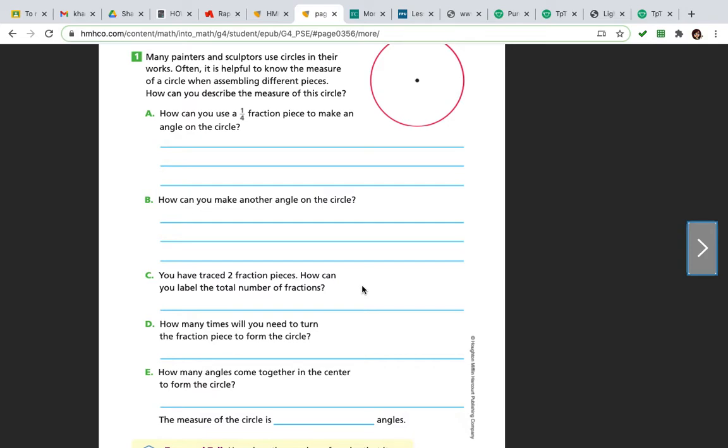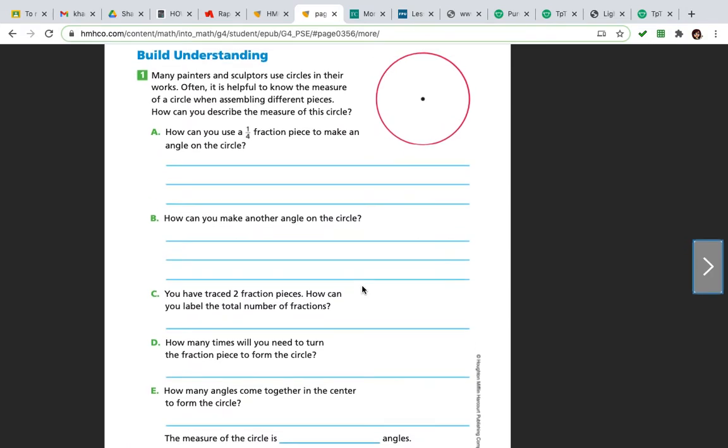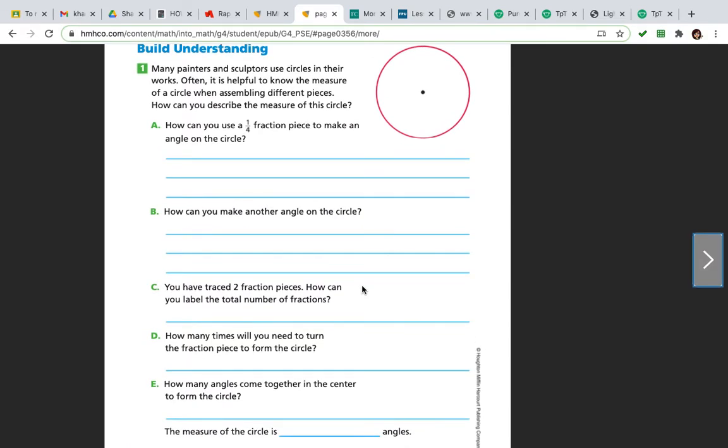So we have a regular circle, and we're going to break it up into fraction pieces. So A, how can you use a 1/4 fraction piece to make an angle on the circle? Since we don't have fraction pieces to use, we're going to draw on the circle.